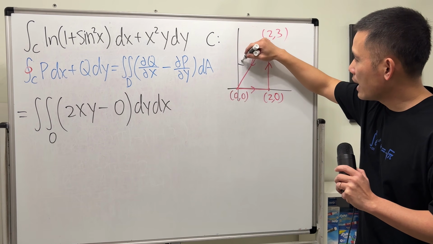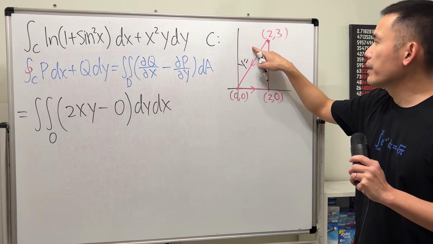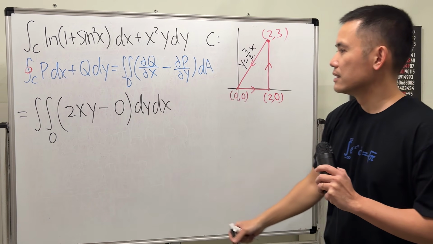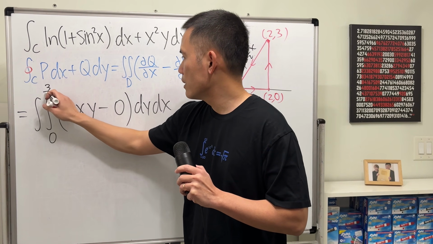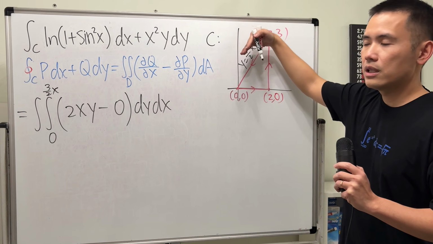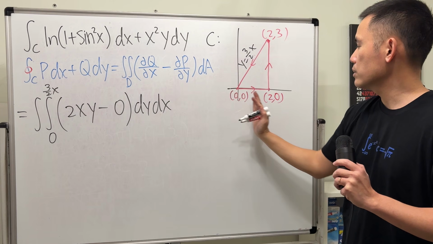So it's going to be y equals, we have the origin, so the y-intercept is 0, and the slope is 3 over 2. So it's 3 over 2x. So that's the equation here. So bottom function to the top function, and in terms of x, we go from the left number to the right number, which is 0 to 2.